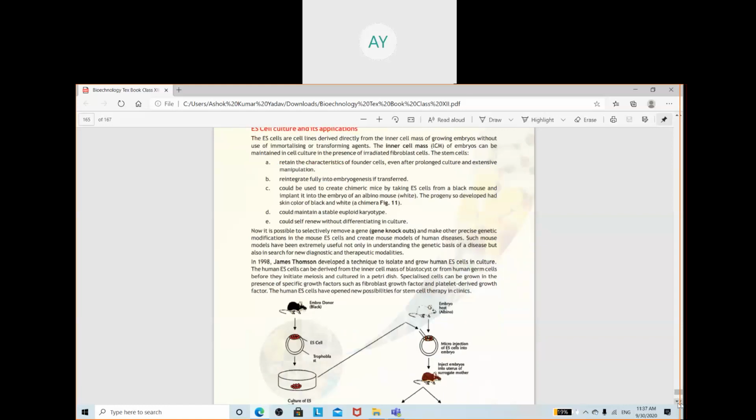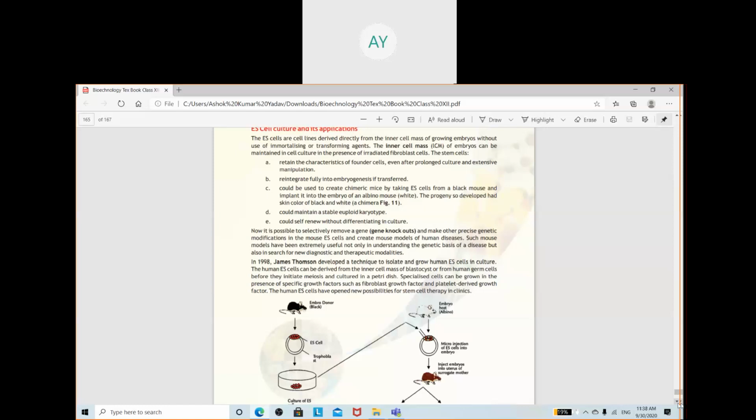Generally, embryonic stem cell lines are derived directly from the inner cell mass of the growing embryo without use of immortalizing or transforming agents. Embryonic stem cells we can get from the growing embryo. The inner cell mass of the embryo can be maintained in cell culture in the presence of irradiated fibroblasts, that is the stem cell.